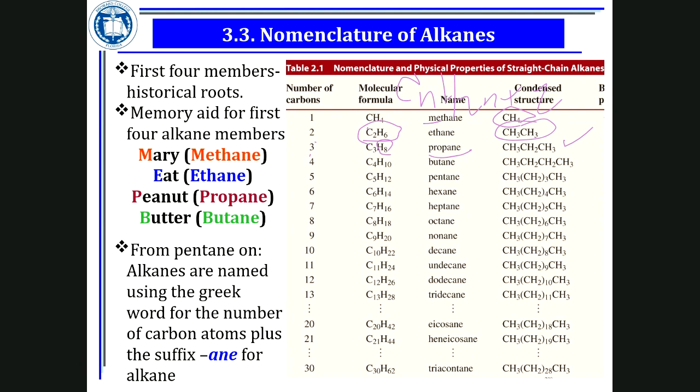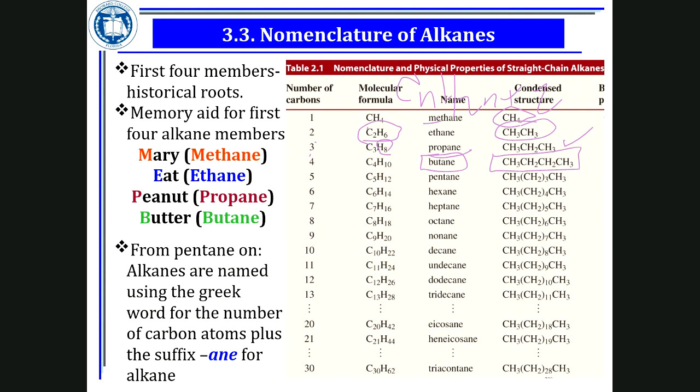For 4 carbon, the butane is written here for a straight carbon chain, but isobutane is not, because now moving to IUPAC naming, we don't have to use the definitions for iso unless you're dealing with a branch, which we talk about soon.